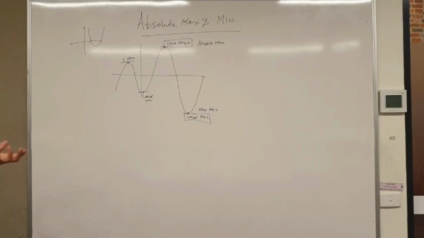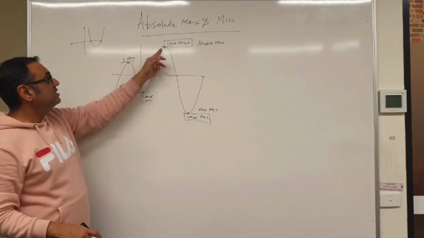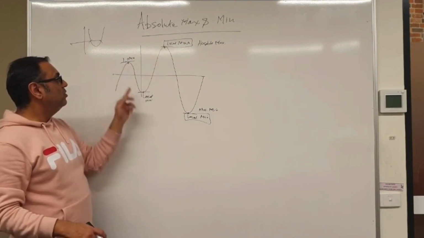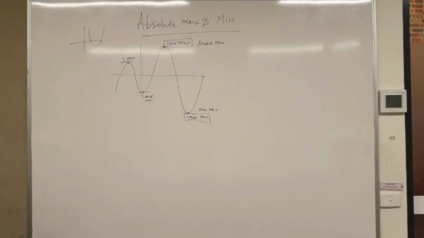Why? Because derivative is the slope of the tangent, and slope of the tangent is 0 across all these points. This is just the concept part of it. I've just reiterated it. Any dramas here so far?